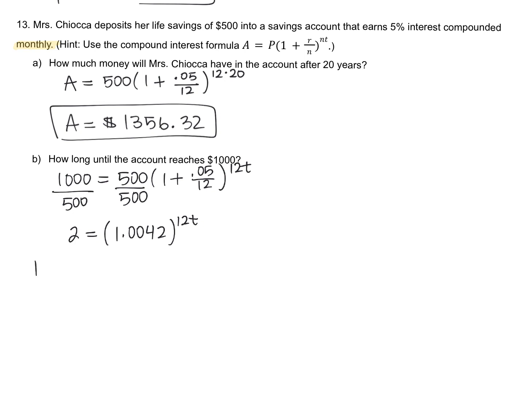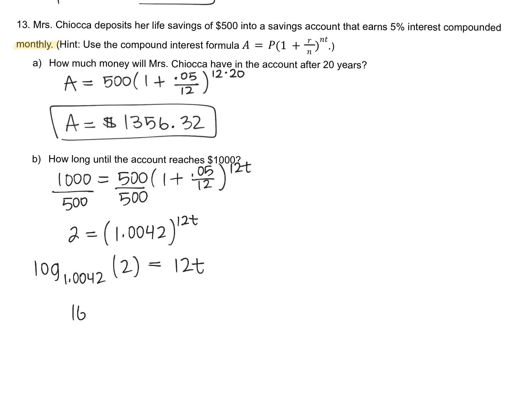So now I'm going to convert it to logarithmic form. So my base is going to be 1.0042, log base 1.0042 of 2 equals 12t. Now I'm going to evaluate my logarithm, either using change of base or, if your calculator allows you to do different bases, that function.